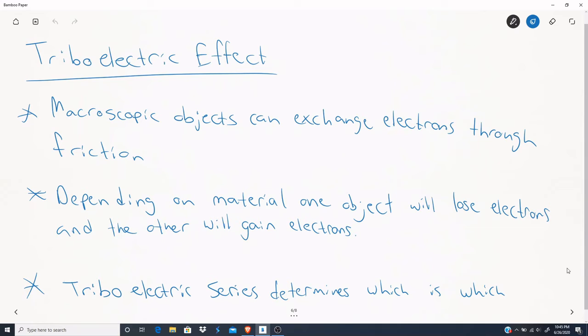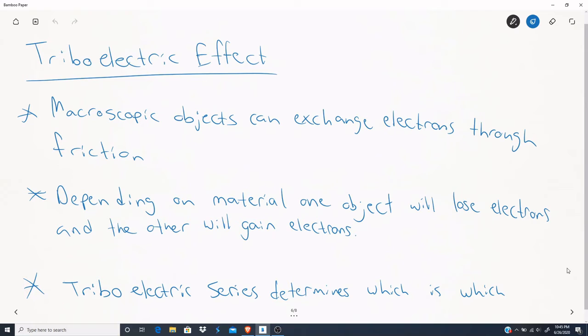It's called the triboelectric series, and you will learn about that in one of your virtual labs this week. The triboelectric series is basically just a list of materials from more positive to more negative that tells you, if you rub one material with another one, which one is going to gain electrons and which one will lose electrons.